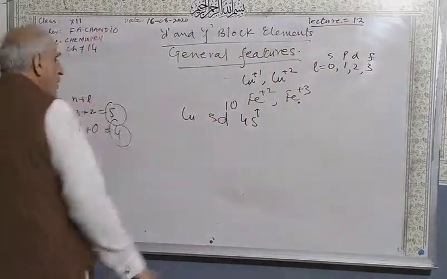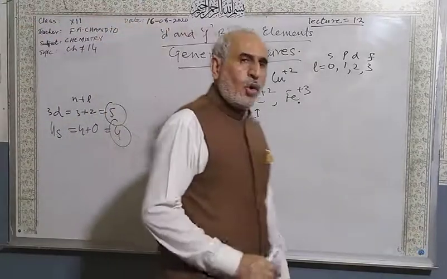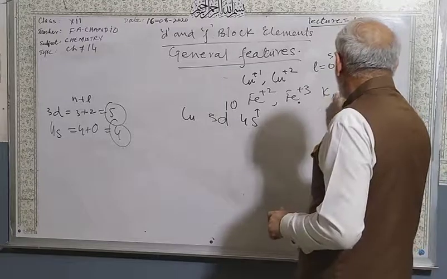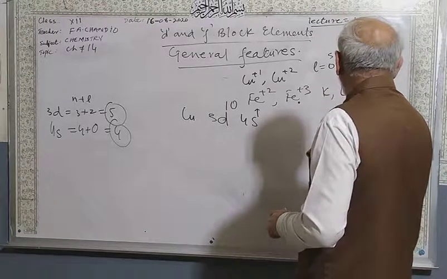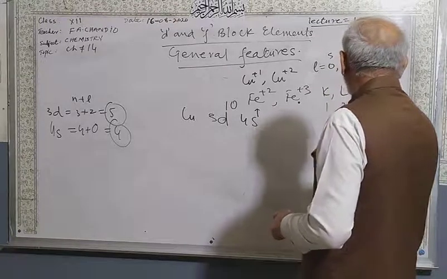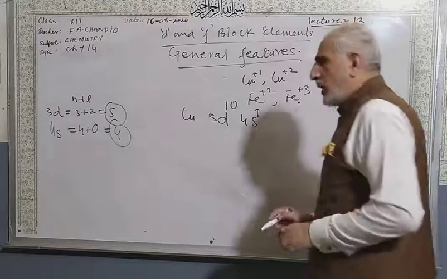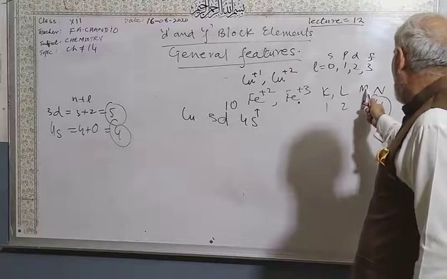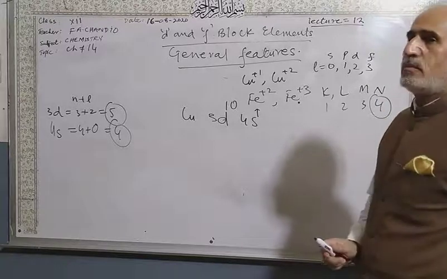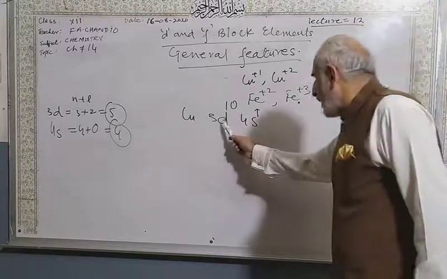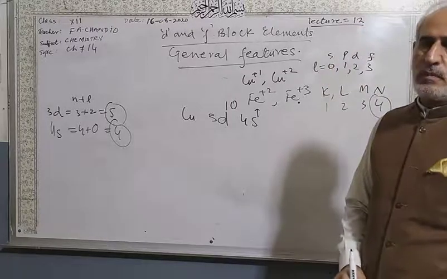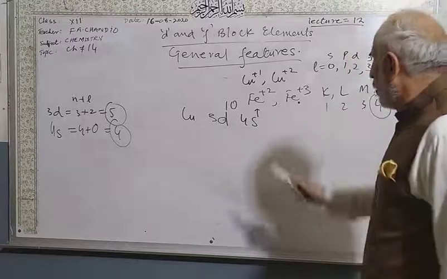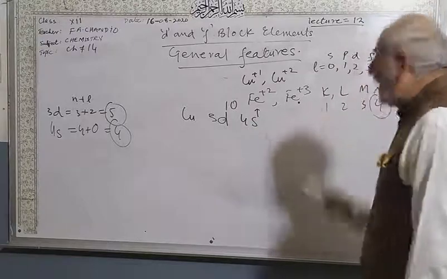But if you see the Bohr model, K, L, M, N are 1, 2, 3, and 4. According to the Bohr model, 3 is for the M shell and 4 is for the N shell.